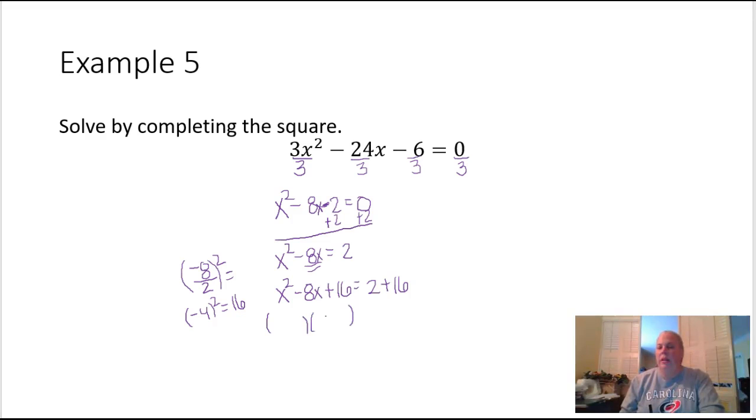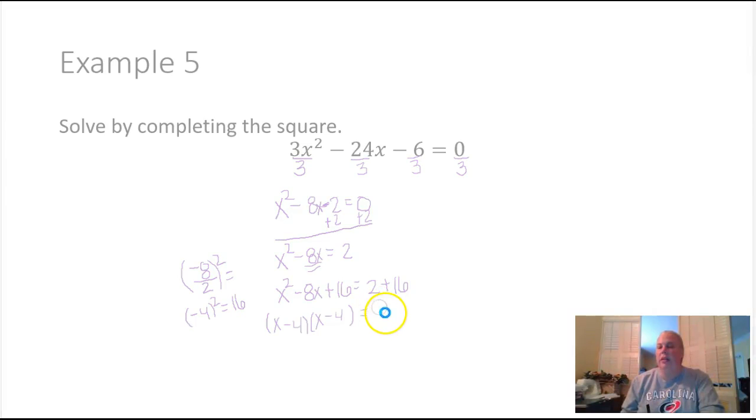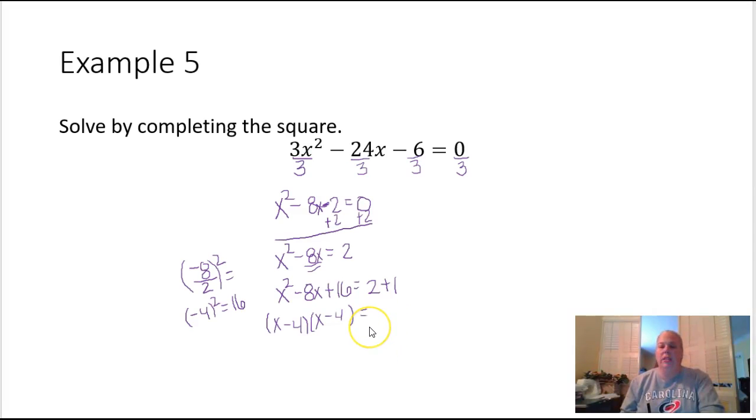Then that's going to be negative 4 and negative 4, because negative 4 times negative 4 is positive 16. Negative 4 plus negative 4 is going to give me negative 8. And then, of course, my variable is x. And on the other side, 2 plus 16 is going to give me 18. All right. So the equation we have is actually x minus 4 squared is equal to 18.